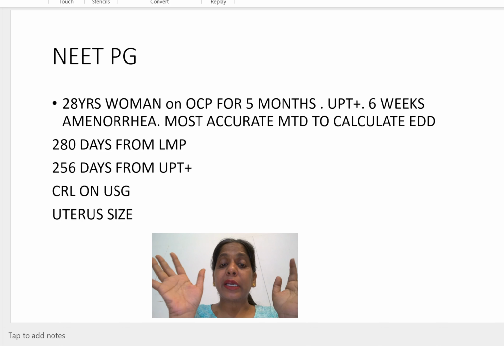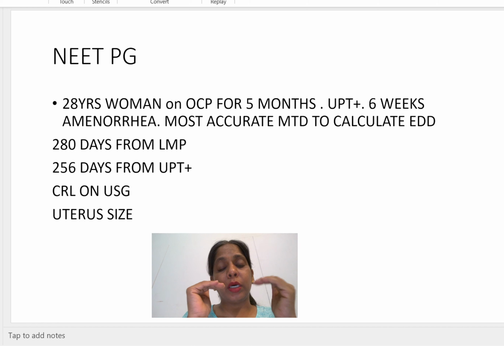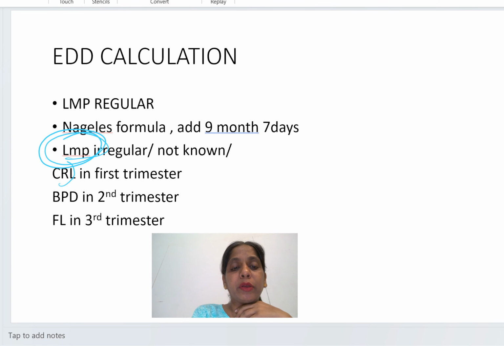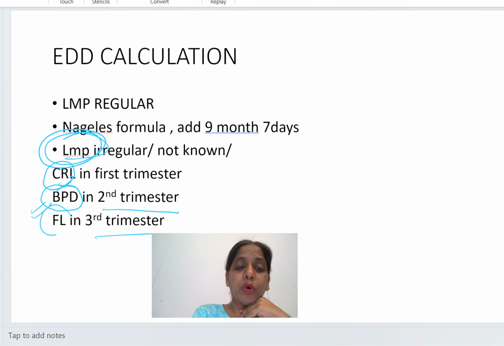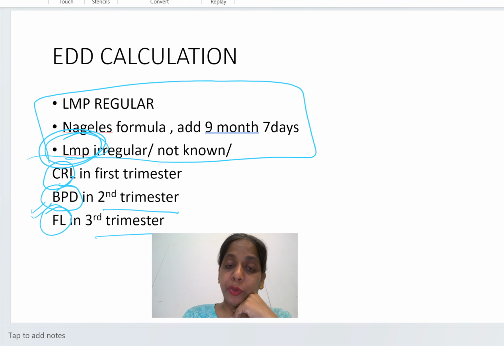So we are not going to rely on her LMP now, and here we have to go with the CRL. If the patient is coming to us in the first trimester, we have to rely on the CRL. If the patient is coming in the second trimester, the most promising diameter is the biparietal diameter. In the third trimester, the most promising diameter is the femur length. So we have to rely only and only on the LMP if it is regular and natural.